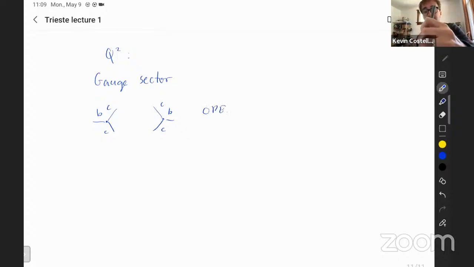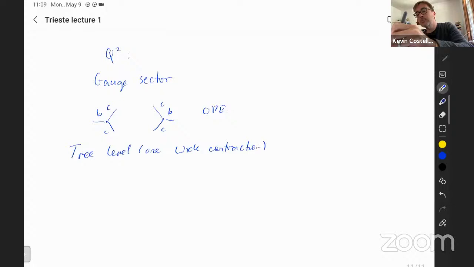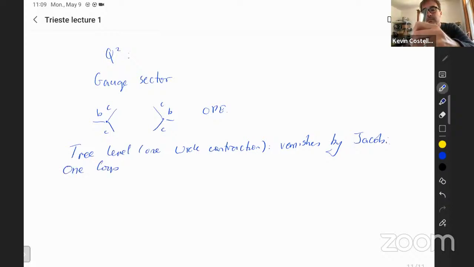There's going to be a contribution from tree level involving one contraction. This vanishes by the Jacobi identity. The one-loop contribution looks like this.